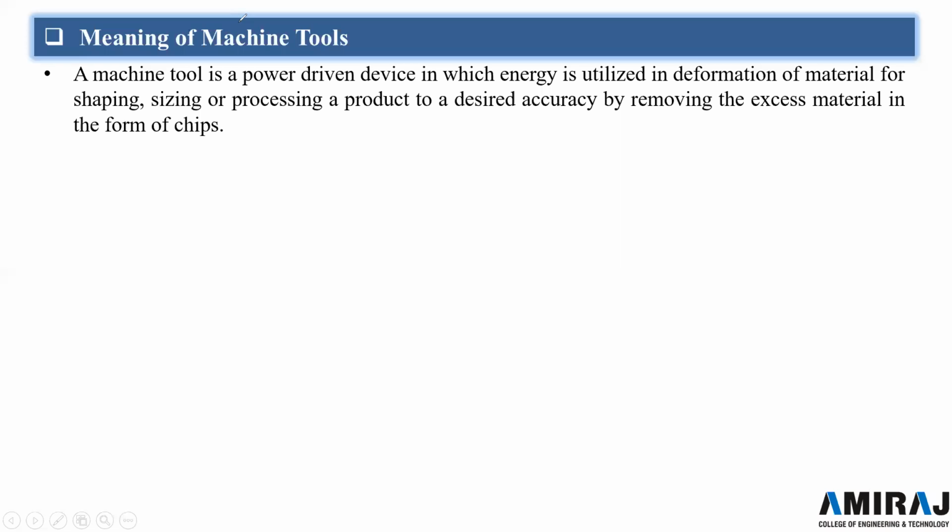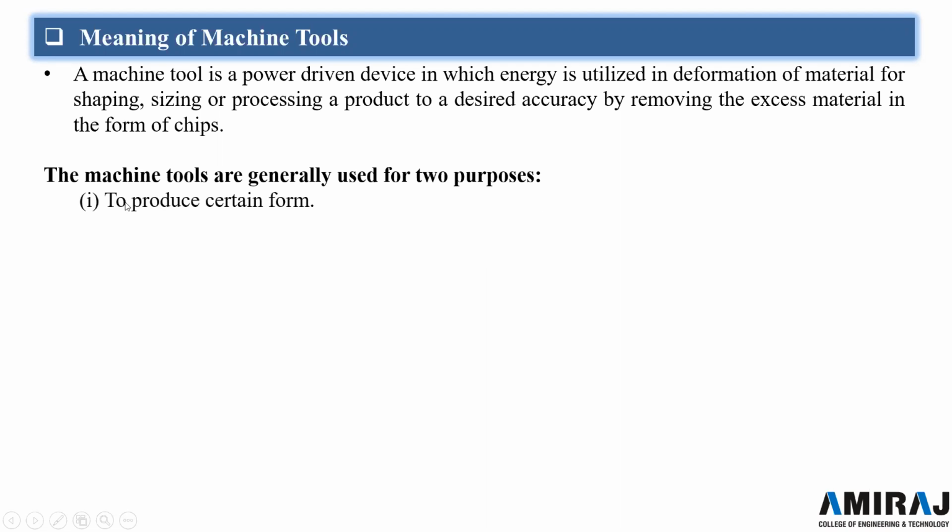Okay, now the machine tools are generally used for two purposes. The first purpose is to produce a certain form. Suppose we want to make a specific form, then machining will be required.